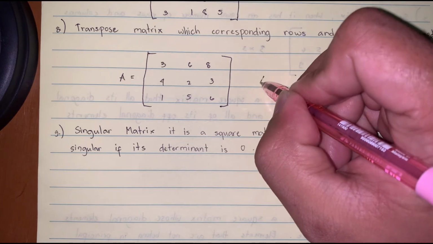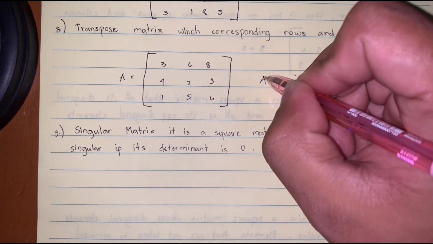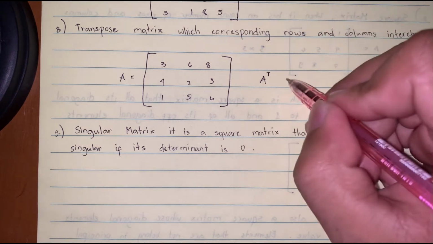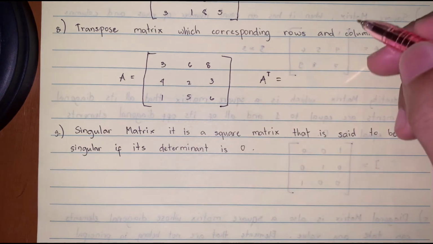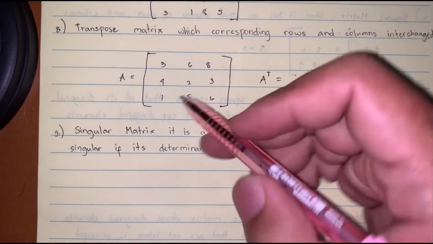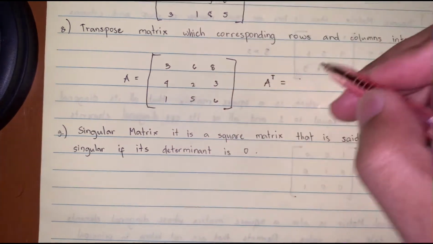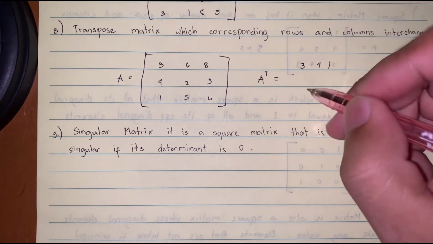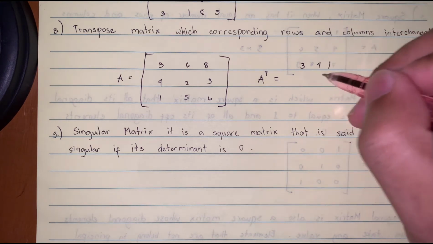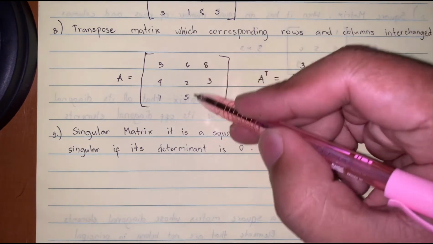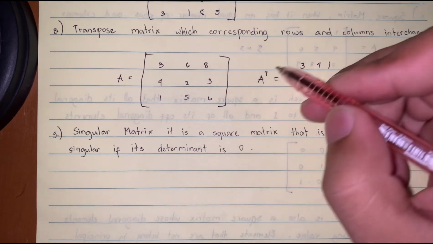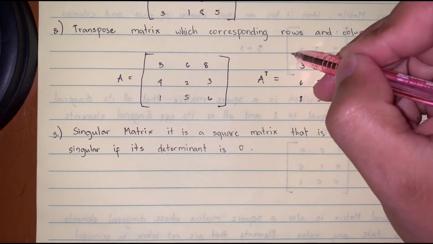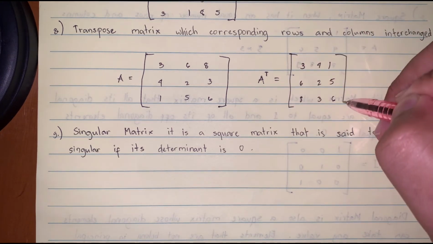Kung magta-transpose, yung matrix A natin ay may nakalagay na transpose dun sa taas, equal to, itong column na to magiging rows: 3 4 1, 6 2 5, 8 3 6. Ayan.